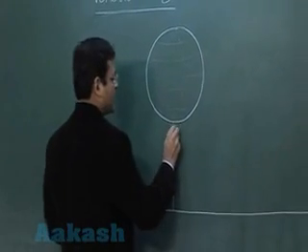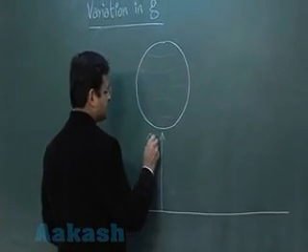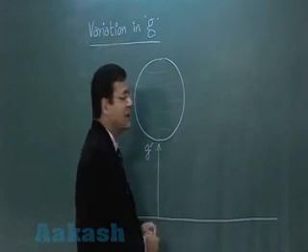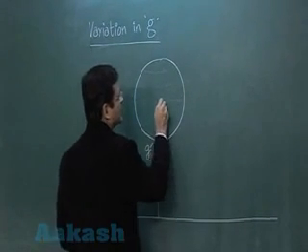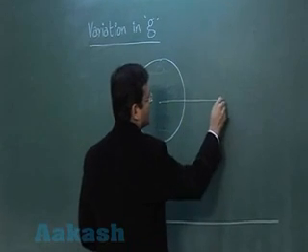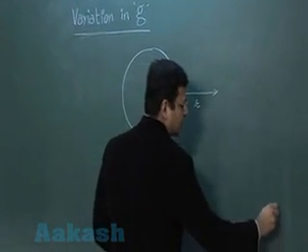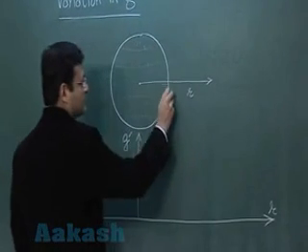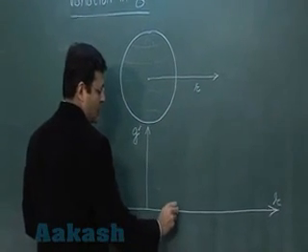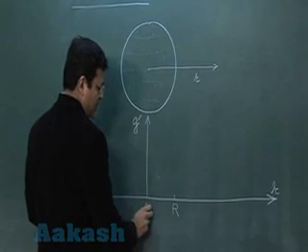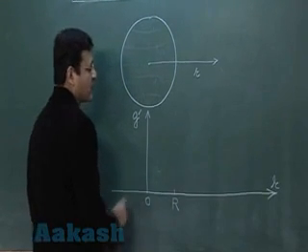This is the value g dash, you can say, and the distance we are counting from the center of the earth. This is a small r, and here we have plotted essentially the small r. This is the radius of the earth, capital R we are indicating. This is the center of the earth.